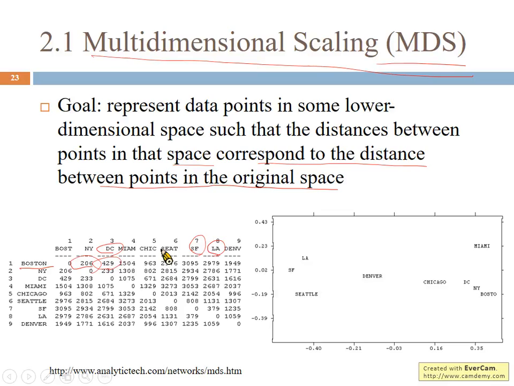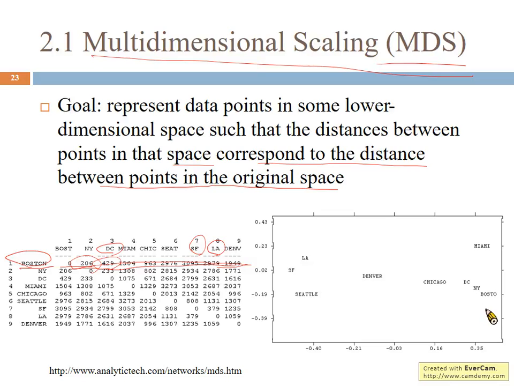So the goal is that we want to map this nine-dimensional feature vector, because right now we represent each city as a nine-dimensional vector, and project the nine-dimensional vectors into a two-dimensional representation, such that the cities that are close to each other in the high-dimensional space are still close to each other in the lower dimensional space.